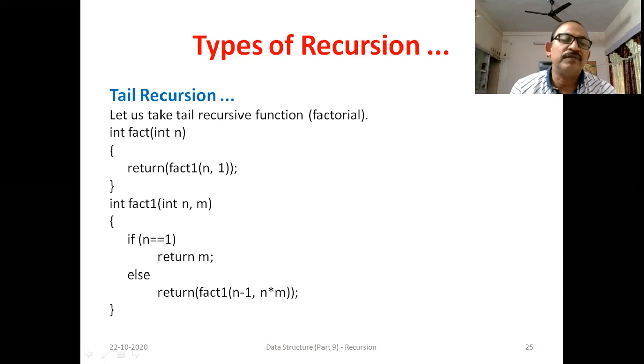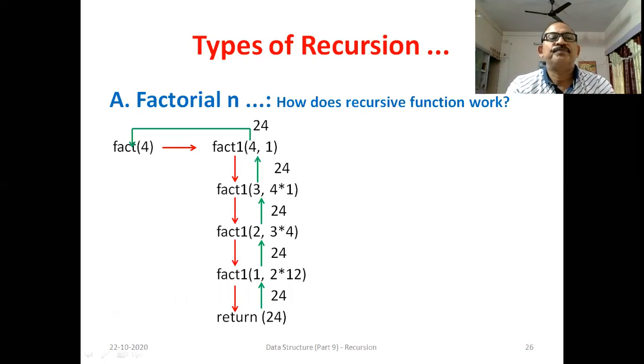Here you can see that when function fact1 receives any value, there is no suspended activity. So this is an example of tail recursion. Here I have shown how a recursive function works, and it is very easy to understand how the factorial of n is calculated, so I am going to skip this portion.